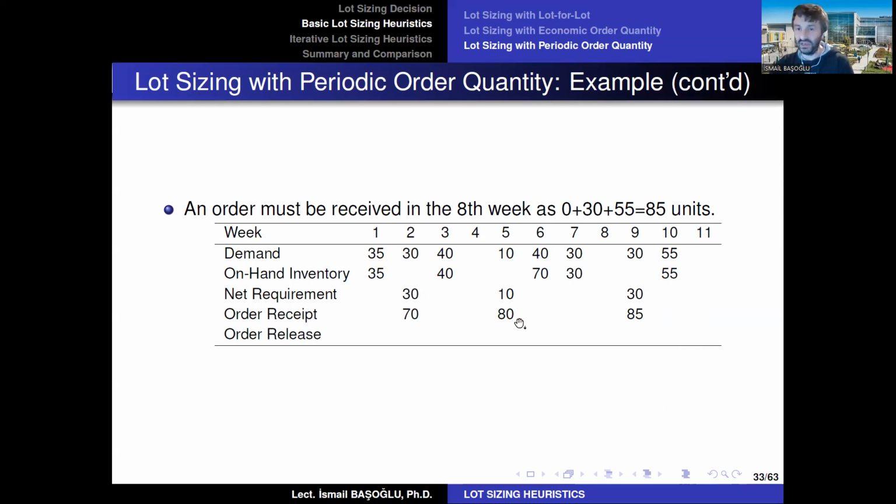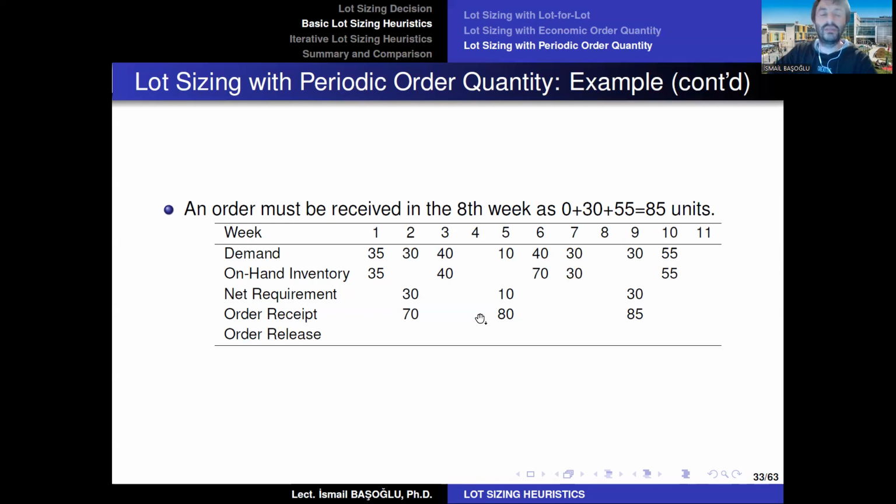Now, you see, even if the periodic order quantity interval is 3 weeks, the time between consecutive order receipts is not necessarily equal to 3 because of the 0 units of demand observed in the 8th week, which postponed the next order receipt for 1 week later.